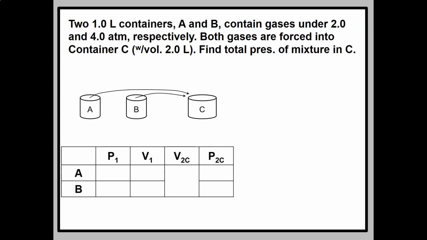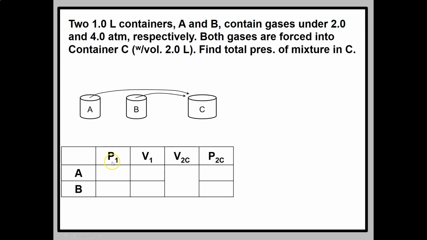Now here's our crazy chart, okay? We have pressure for each container and a volume for each container. We have the before values and we have the after values, right? P1, P2, V1, V2.